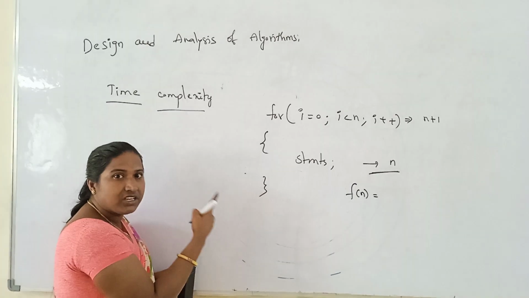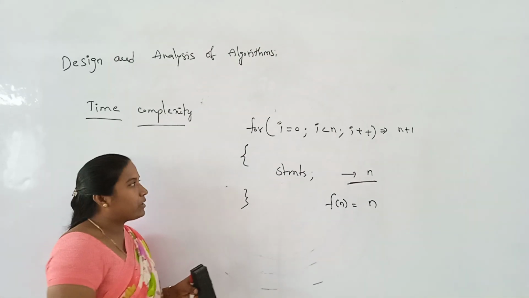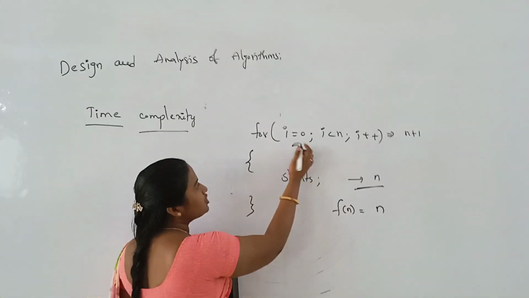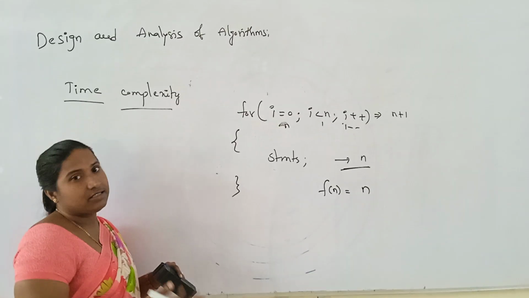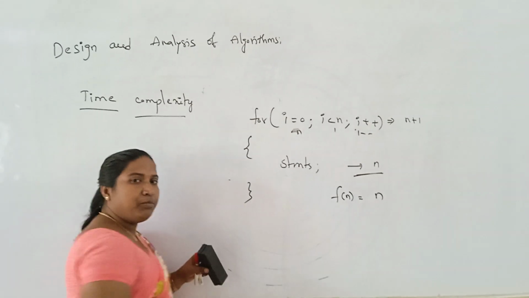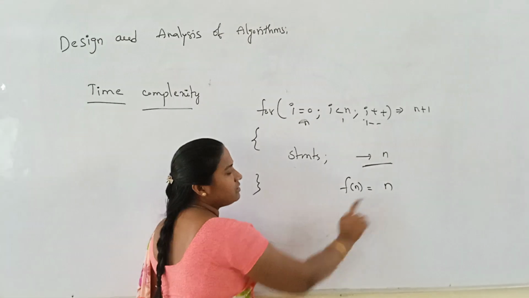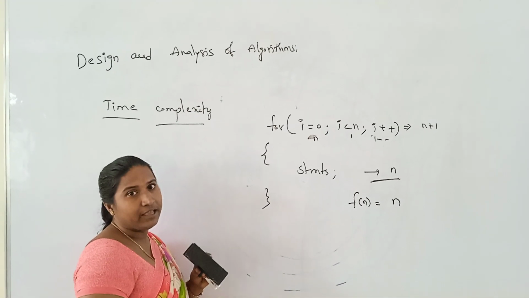I told you, time is a function. Now it takes n times. If it starts with n and goes down with i minus 1, the block will get executed n times. There is no difference in time complexity; it also requires n times.